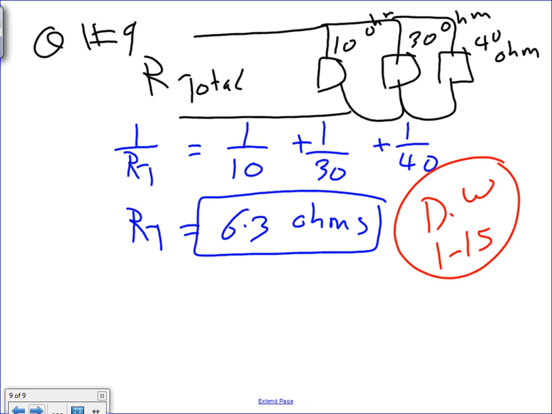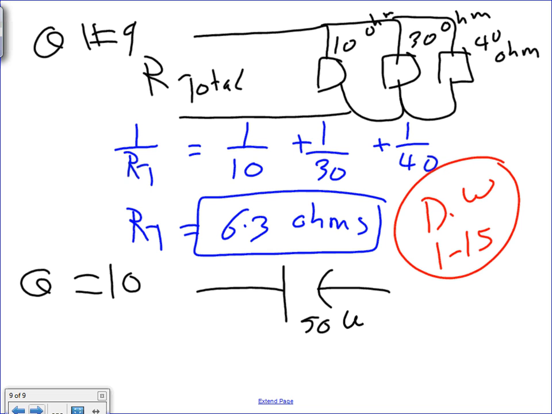All right, 10 and the last one. Question number 10. Last one, guys. I have two things. I have a capacitor, and the value of my capacitor is 50 microfarad.